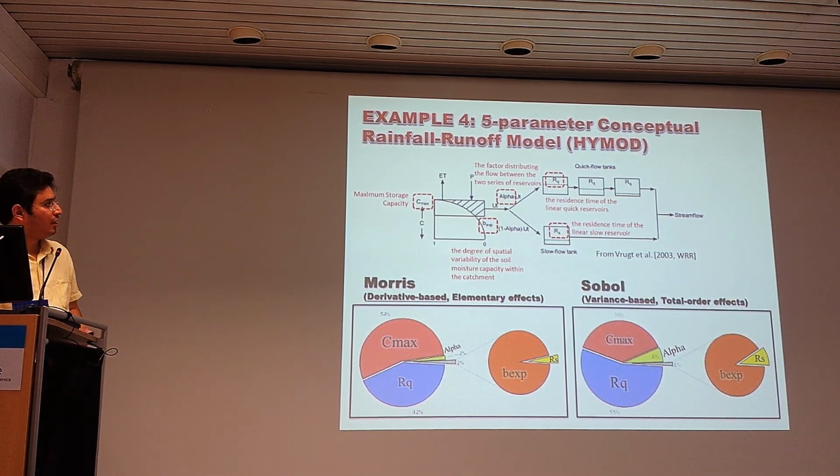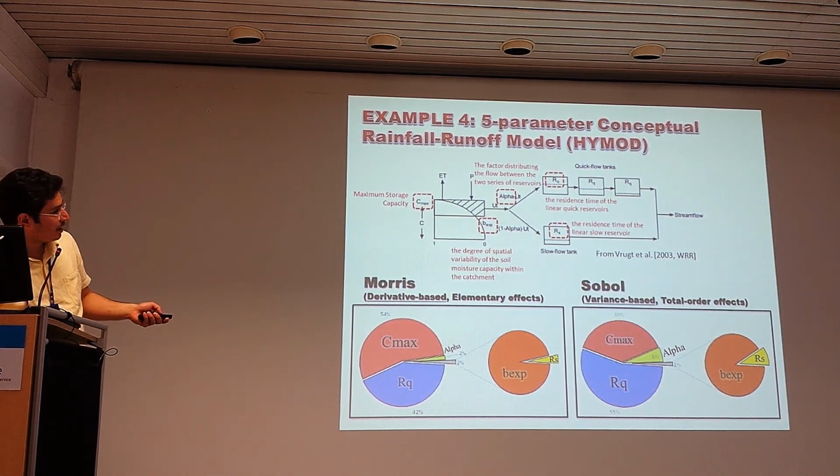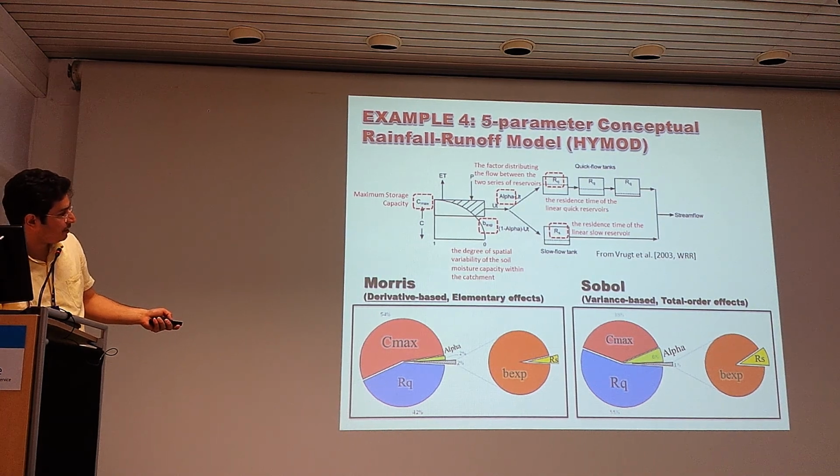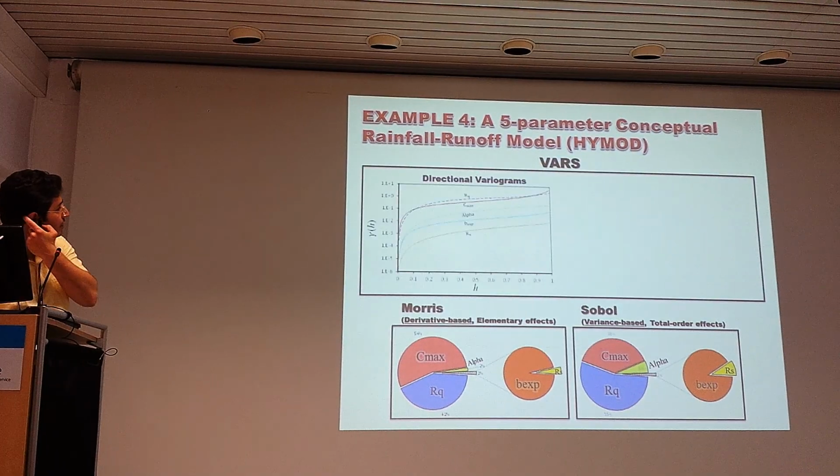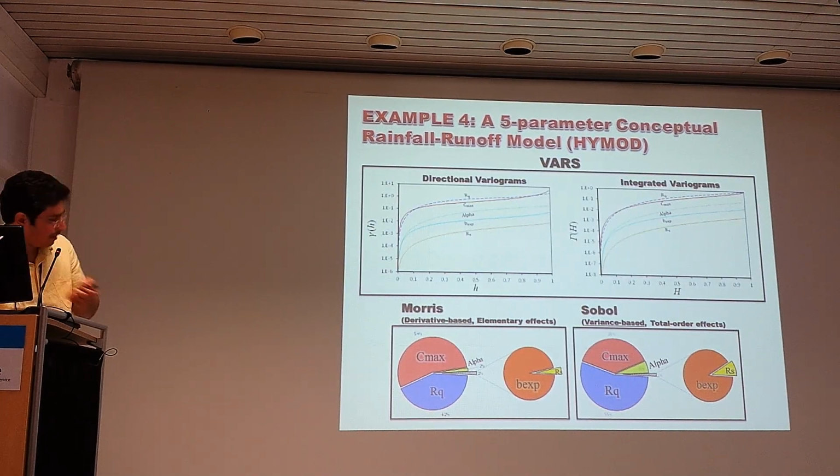And if we use the other approach, variance-based approach, I get a different assessment. Now RQ is more sensitive than Cmax, and now alpha is 6 times more sensitive than E exponential, while here the two were similar. And if we apply VARS, we get this, again, directional variograms.